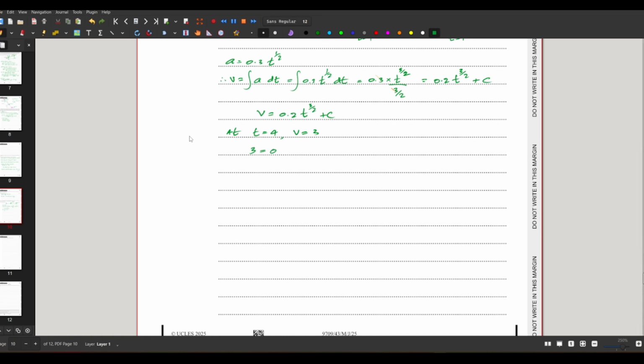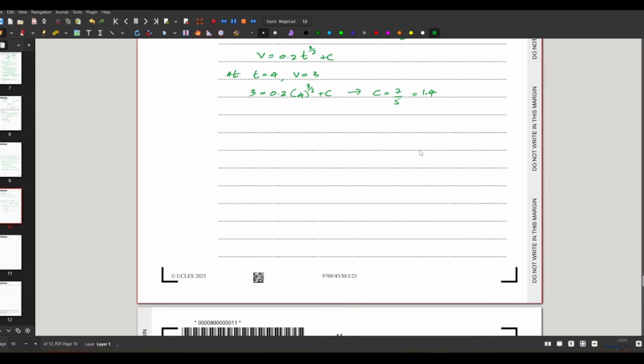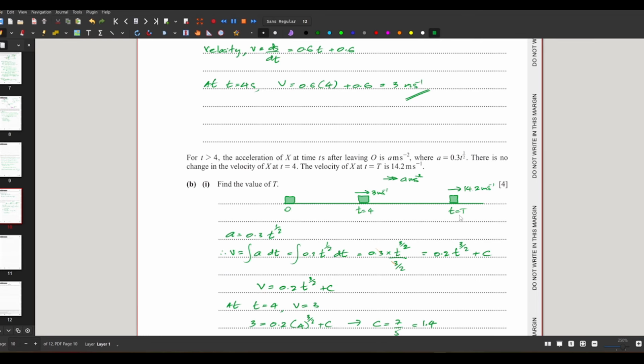So 3 equals 0.2, here 4 to the power 3 over 2, plus C. So with this one you can find C equals 7 over 5, or 1.4. Therefore you can write V equals 0.2 t to the power 3 over 2 plus 1.4.